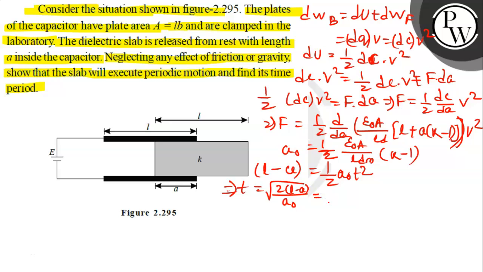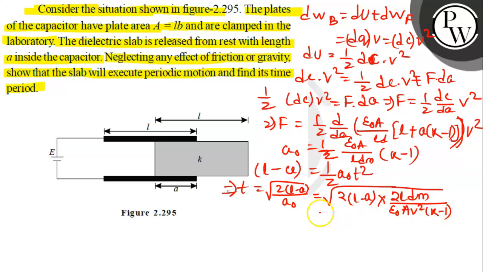So it is root over of 2 into L minus a into 2 L d m divided by epsilon naught A V square into K minus 1.